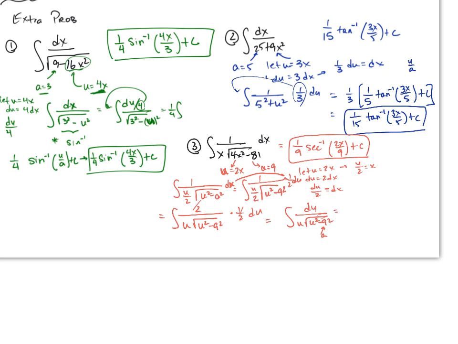And this is our inverse secant formula. So we end up with 1/9 the inverse secant of u over a plus c, which is 1/9 the inverse secant of 2x over 9 plus c.